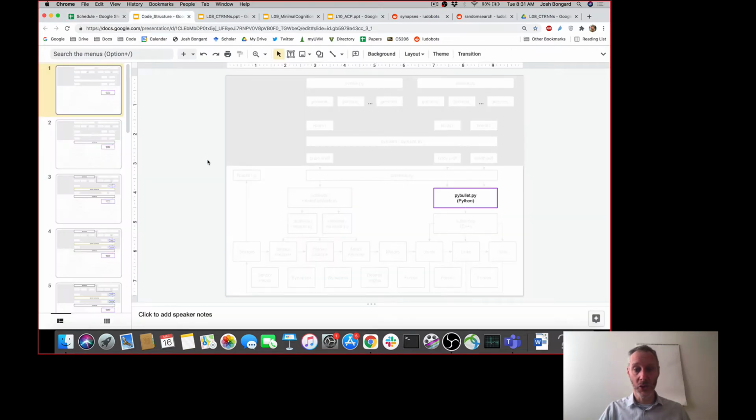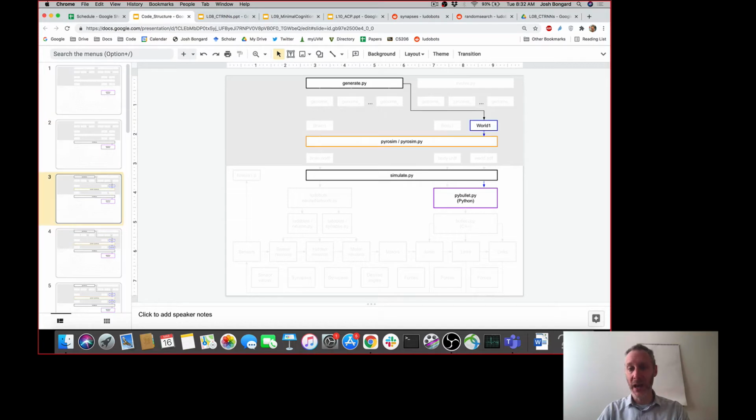And just to show you where this fits in, obviously your code base now is growing relatively large and somewhat complex. So I've sprinkled these figures throughout the assignments to remind you of the big picture of what you're constructing. Towards the beginning of the semester, you created an empty simulation in PyBullet.